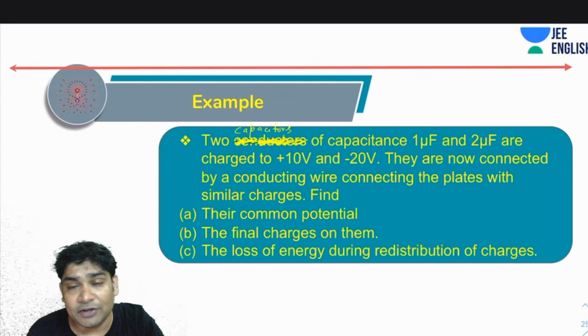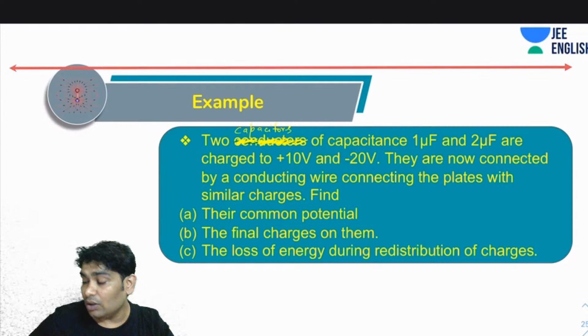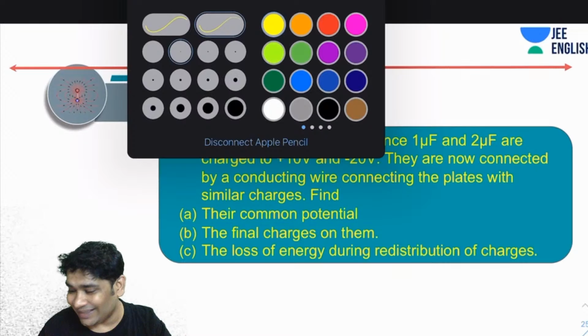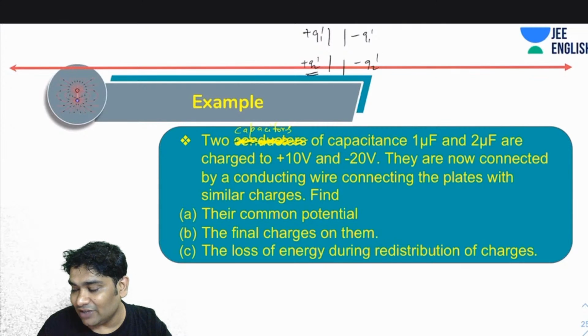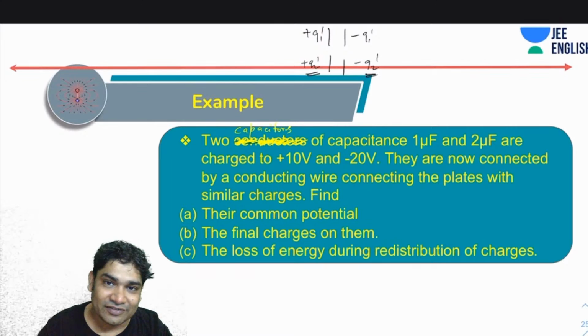By the way, whenever you say the charge, you only give the magnitude. Because think about this: if one plate is getting positive, then the other plate would be getting negative. So if this plate is getting negative, then this will get positive.